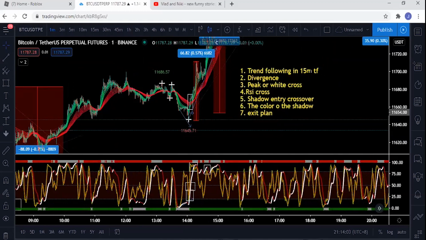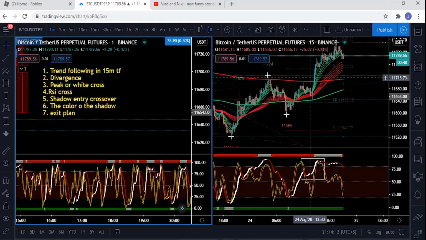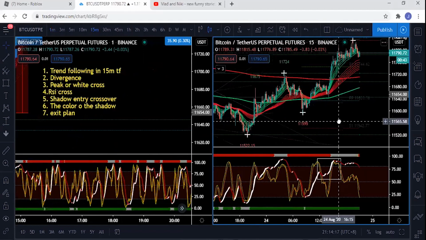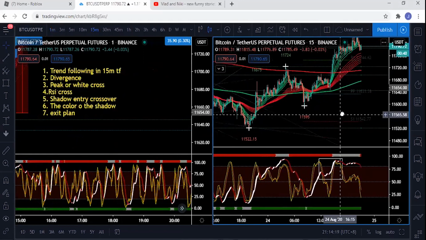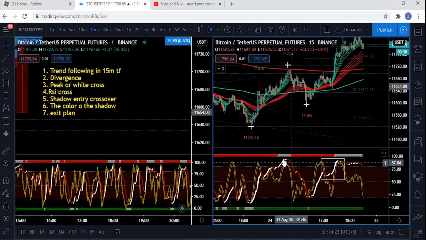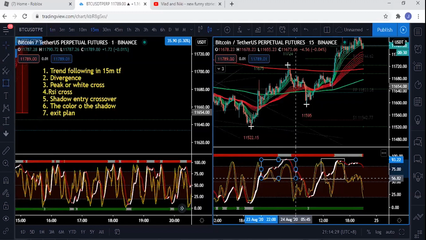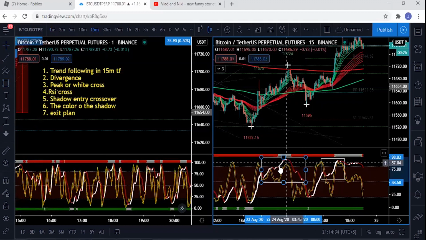Wait, what about bearish? How will you know if the trend in 15 minutes is already changing? Okay, let's see our 15 minutes time frame. For example, in this scenario, we always check the direction of our shadow in the 15 minutes.